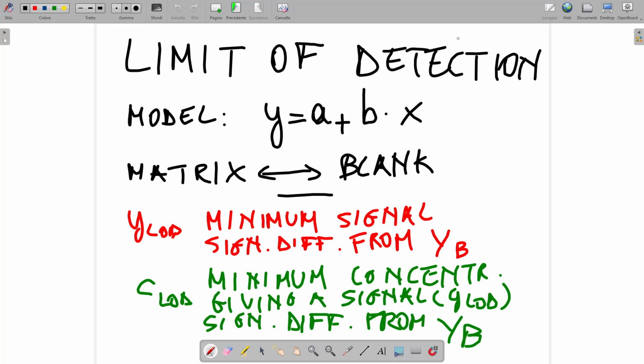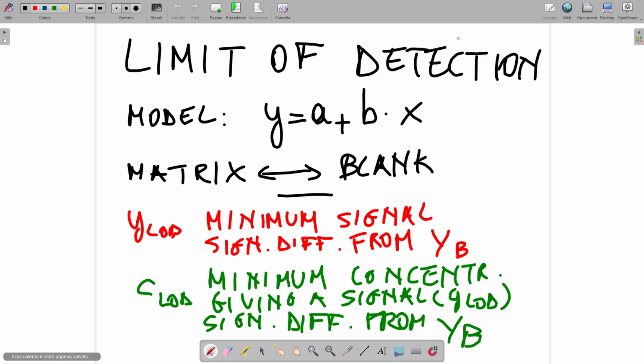Let us make an example. We want to quantify copper in red wine. You know that copper is used to kill some organisms that are pathogenic for wine, so red wine could have traces of copper. What is the blank in that case?